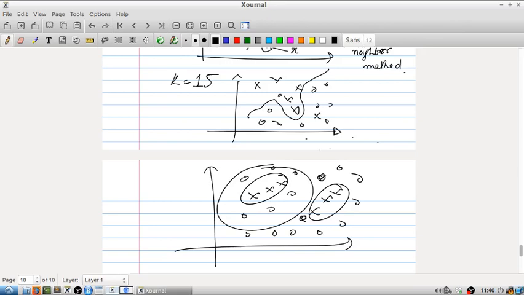I'll tell you what's happening. For k equal to 1, it's going to put all the oranges on the same side as orange. It's going to make predictions, and you can always plug in the data that you already have and see that it is always on the right side of the decision boundary.